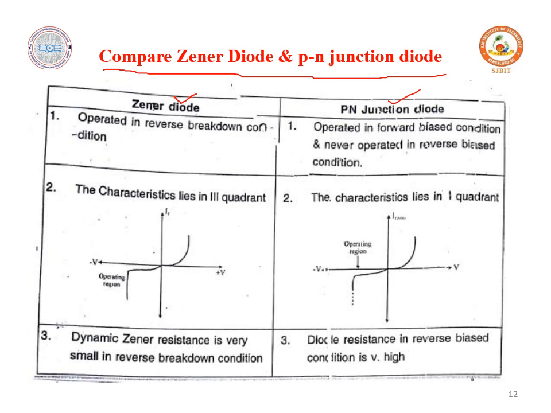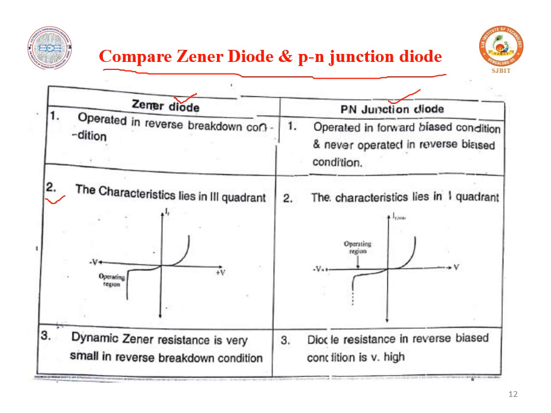The Zener diode operates in the reverse breakdown condition, but the PN junction diode operates in forward bias and is never operated in reverse bias. Second point, the Zener characteristics lie in the third quadrant, because it conducts in the reverse bias condition.